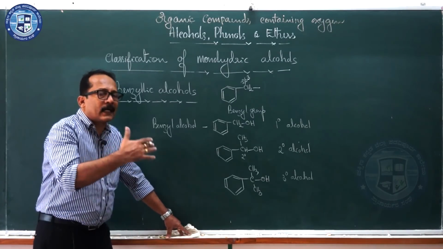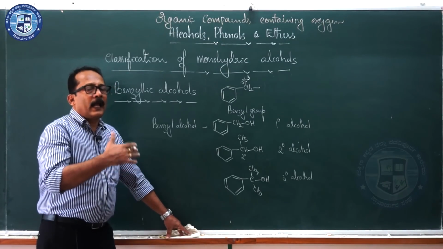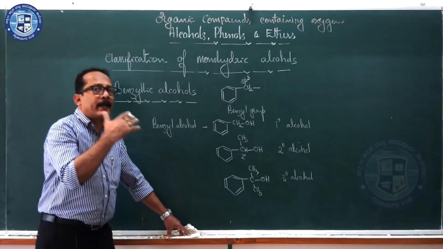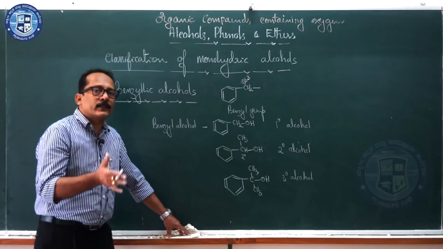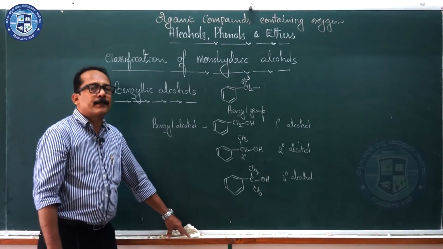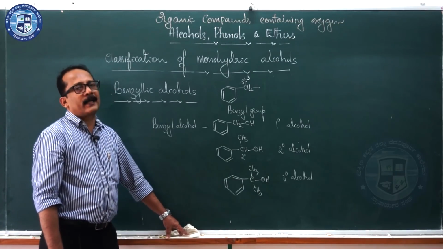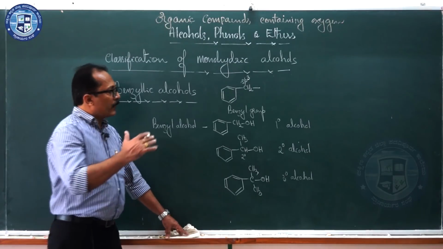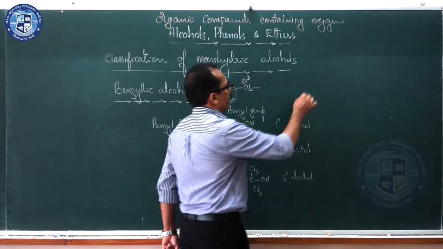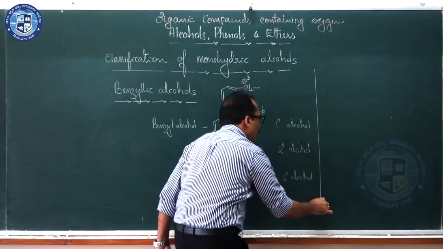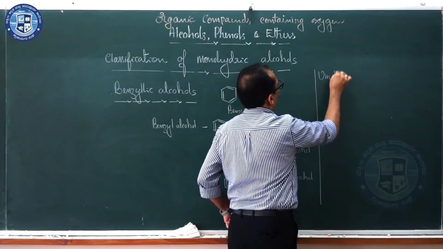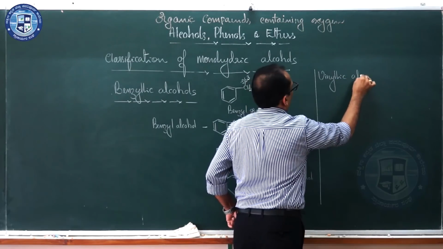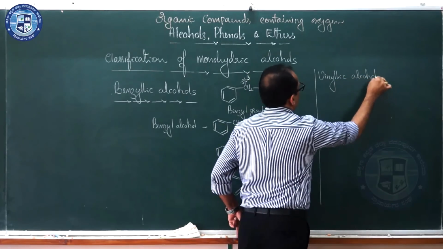So, alkyl alcohol, allyl alcohol, benzylic alcohol, all these are compounds which contain OH group attached to sp3 hybridized carbon atom. The next type of classification is vinylic alcohol.